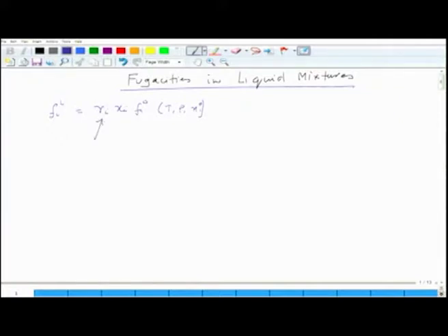So, gamma_i is nothing but the activity coefficient, whereas this f_i^0 is a fugacity of i at a standard state. Okay.